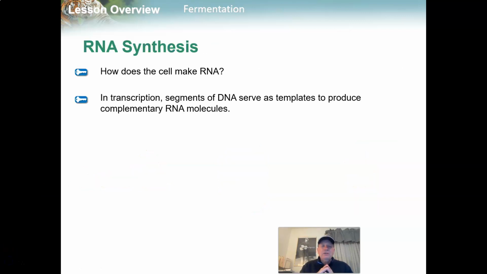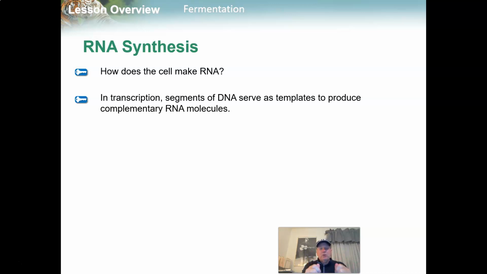Okay, so how does the cell make RNA? In transcription, segments of DNA serve as templates to produce complementary RNA molecules. So we're going to transcribe DNA into RNA. There are 2 terms you need to learn.